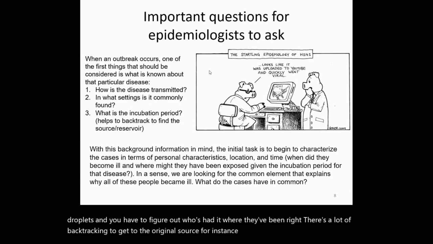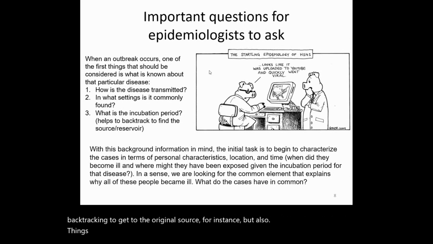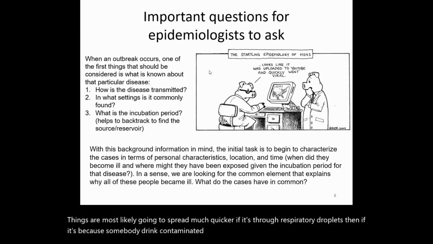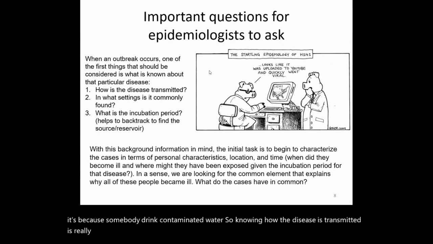But also, things are most likely going to spread much quicker if it's through respiratory droplets than if somebody drank contaminated water. So knowing how the disease is transmitted is really important, as is the setting it is commonly found in, for reasons similar to what I just mentioned.